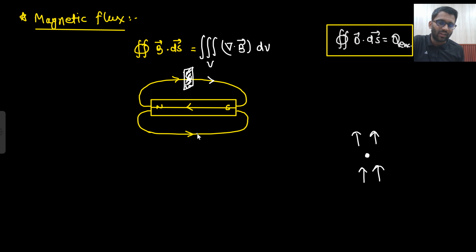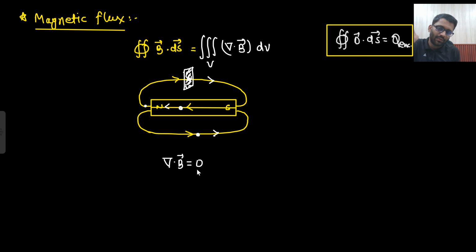Any point I take, whatever is coming, the same is going out. So what did you understand by that? The divergence of B is equal to 0.